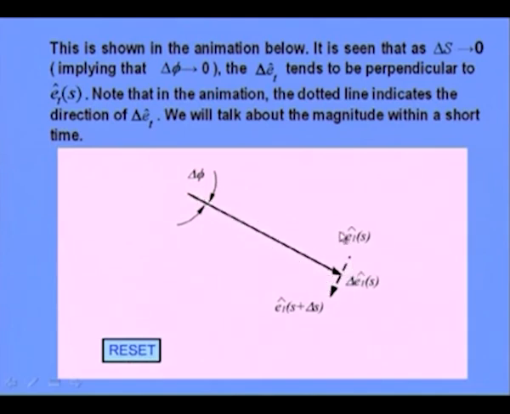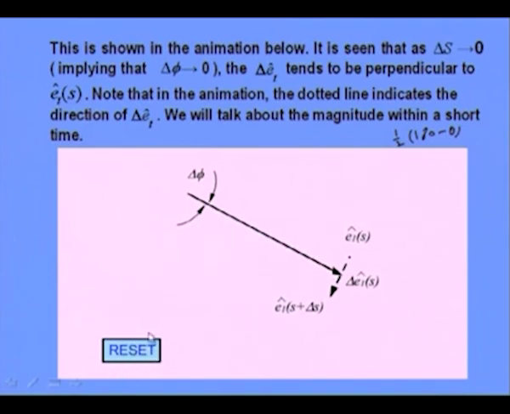As delta phi tends to 0, delta ET tends to be perpendicular to ET at S. Because delta phi is tending to 0, these two angles are equal, both being unit vectors, so they are basically (180 minus delta phi) divided by 2. As delta phi tends to 0, these angles become 90 degrees in the triangle.